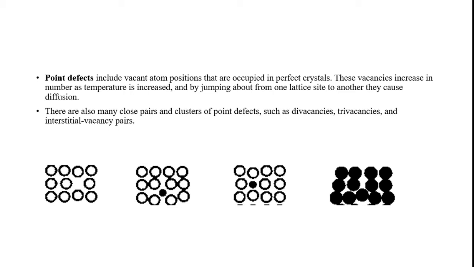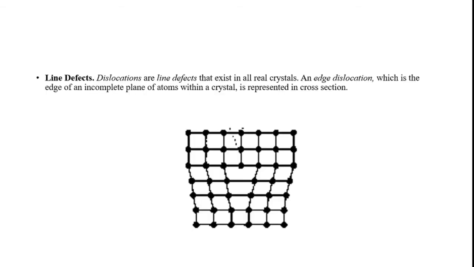Then the second one is line defects. Line defects means dislocations or line defects that exist in real crystals. As in this diagram, there is an extra atom line inserted in the middle of the real crystal structure. Due to that introduction of an atomic line into the real crystal structure, there is a dislocation at the edge side, which is known as edge dislocation.